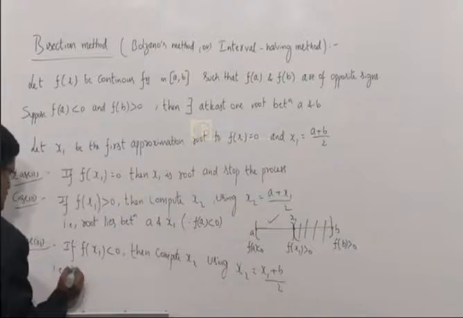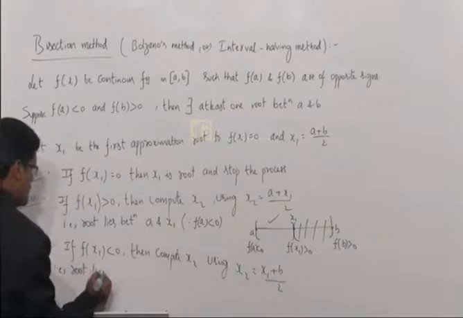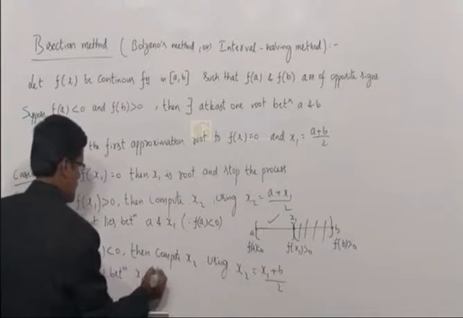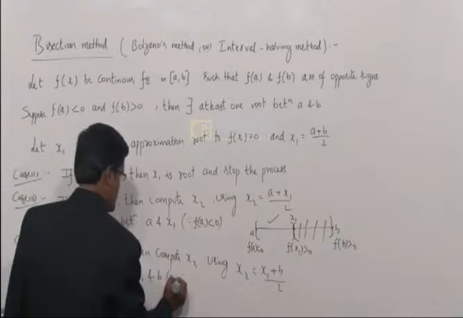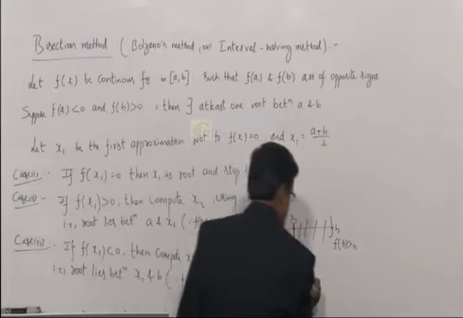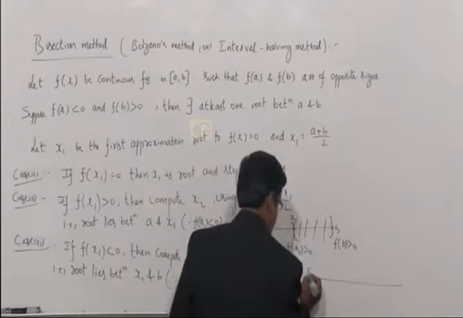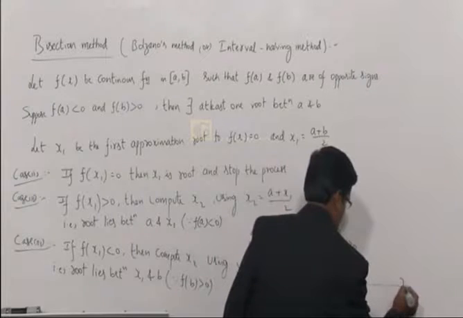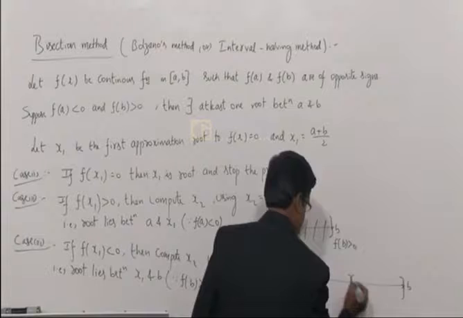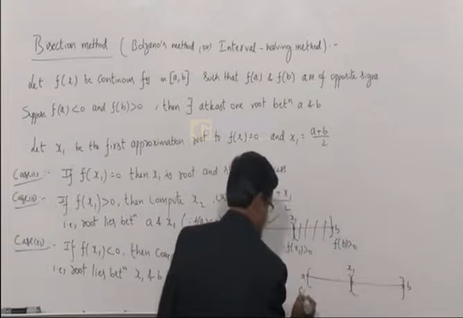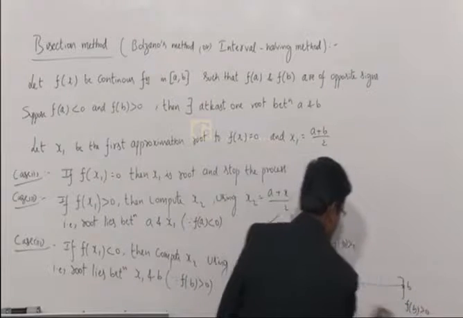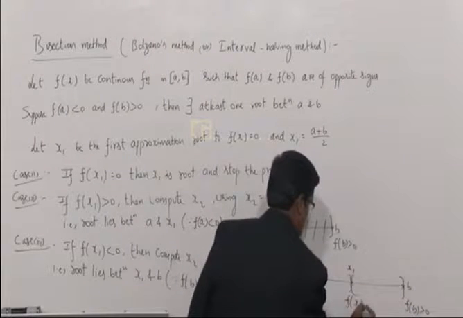That is, the root lies between x1 and b, since f(b) greater than 0. In this case, this is a, this is b. f(a) less than 0, here I assumed f(b) greater than 0, here I have taken f(x1) less than 0.